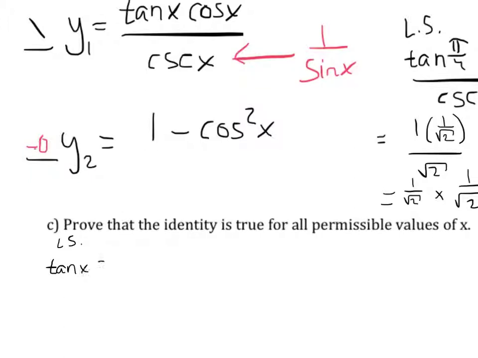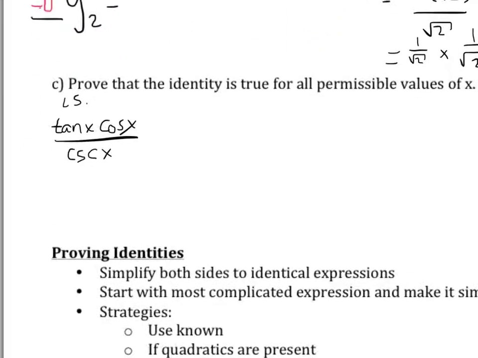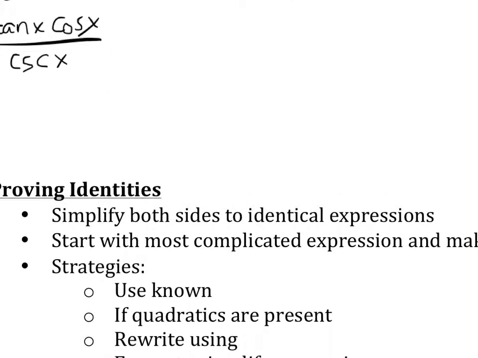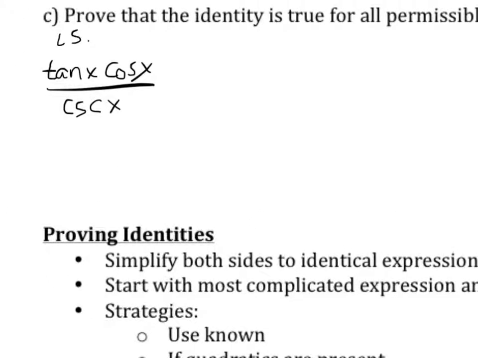So I have tan x cos x over cosecant x. So let's do some manipulating here. Bring this down a bit, give myself a bit more room, maybe even zoom in here. Okay, so starting over here, what are some things I know I can change immediately? I know I can change tan x to sine x over cos x, and then cos x will stay where it is, and cosecant I can also change to 1 over sine x.